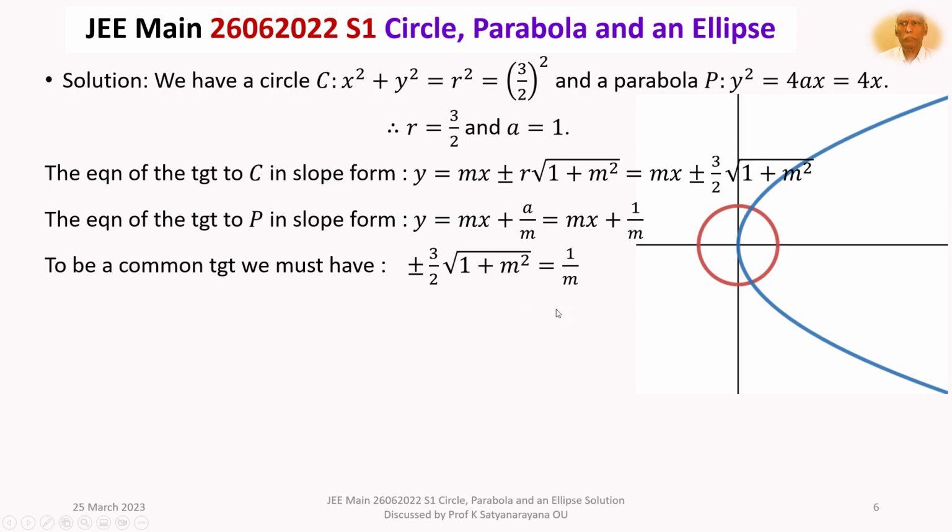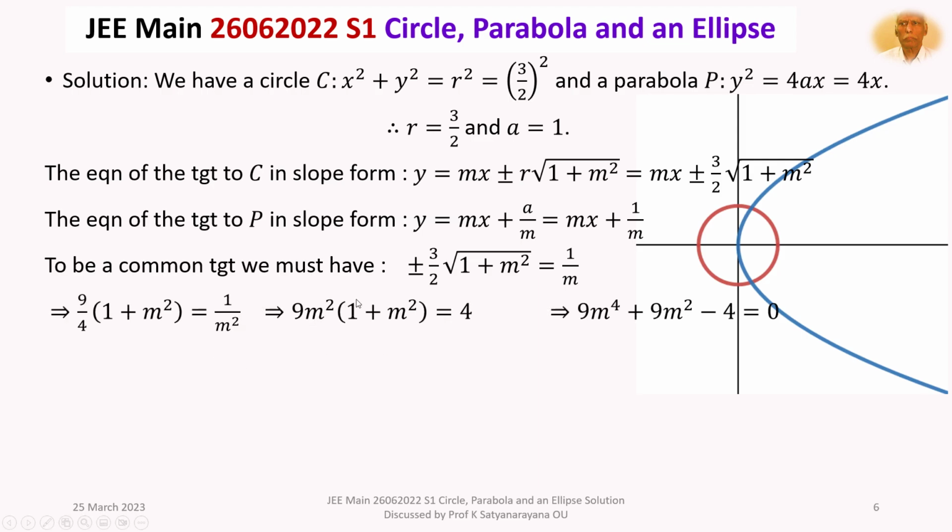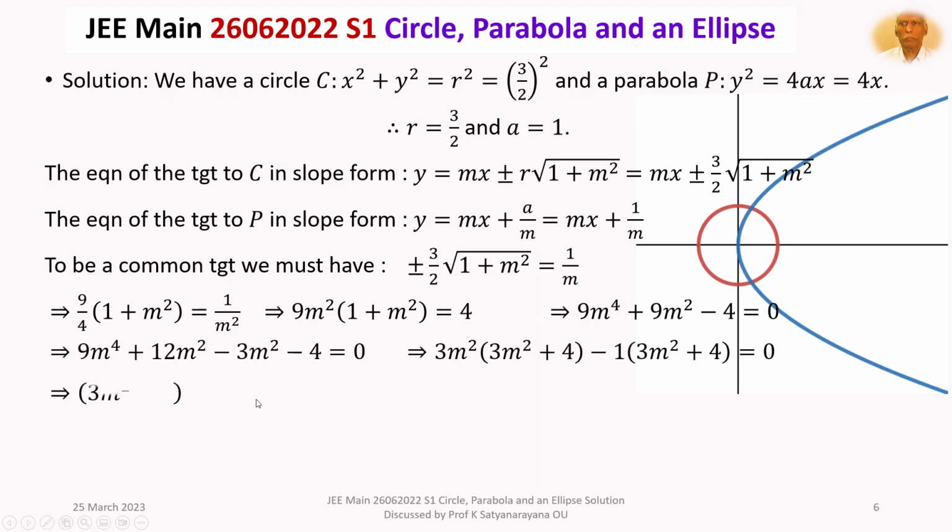Now, squaring and cross multiplying, we get 9m²(1 + m²) = 4. We get a biquadratic equation, that means an equation of degree 4. We have factorized, and the factors we have found are (3m² − 1)(3m² + 4). Equating 3m² − 1 = 0, we get 3m² = 1 and m = ± 1/√3.